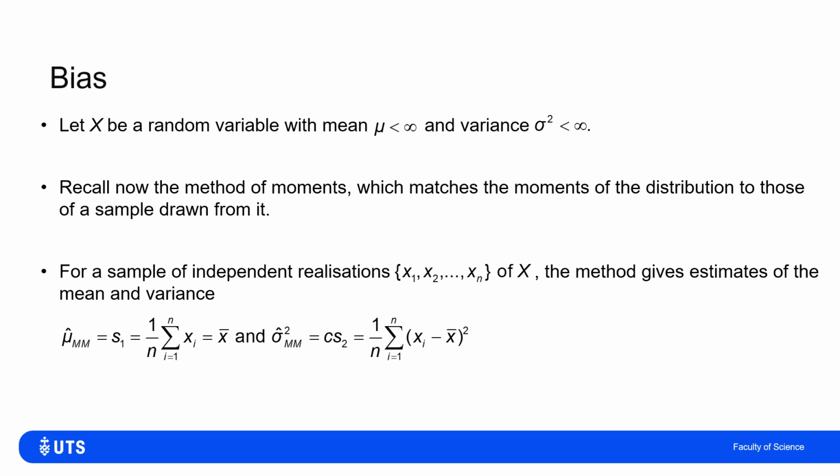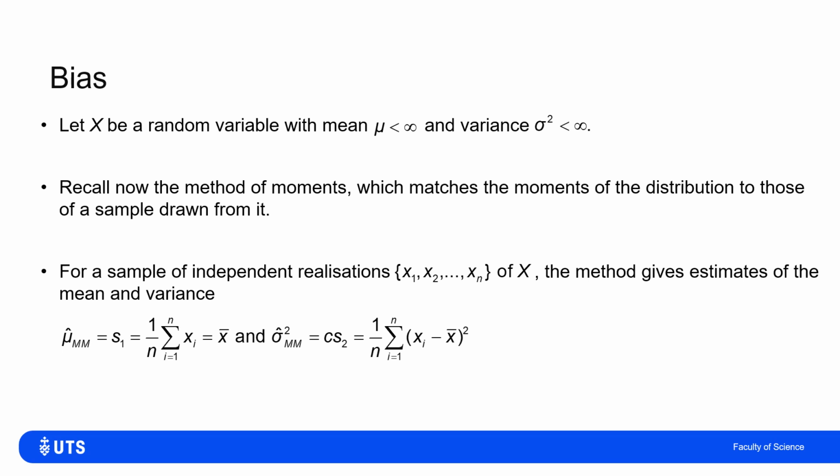Similarly, the second central sample moment, so adding up each observation xi's distance away from x bar, squaring those, adding those, and dividing by n, will give me the second central sample moment, which should be somehow useful as an estimator of the second central population moment, or the population variance.